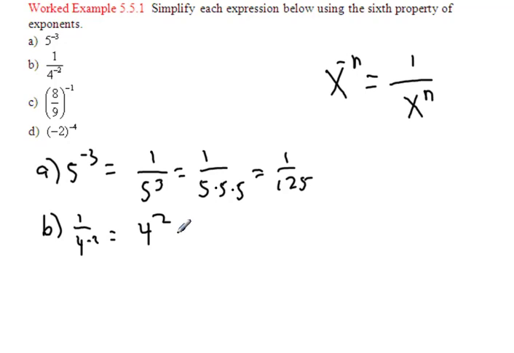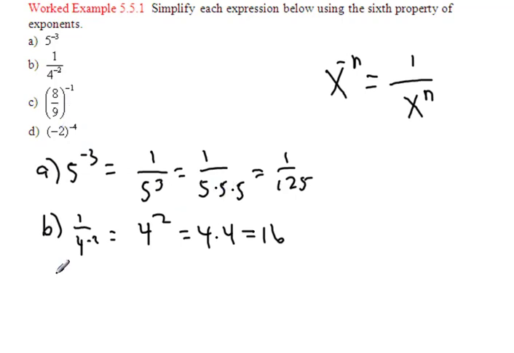And then we can work that out as usual. 4 times 4 is equal to 16. So in both cases, we move the base that has a negative exponent over the fraction. That makes the exponent positive, and then we can work it out as usual.